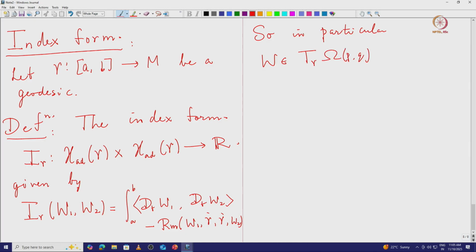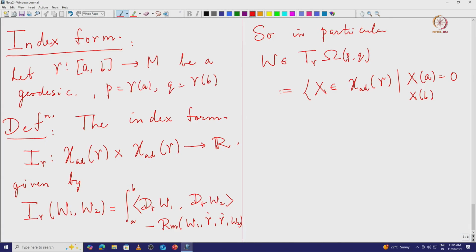What do I mean by the tangent space to omega pq at gamma? These are precisely the set of admissible vector fields along gamma which vanish at the two endpoints. So here p is equal to gamma of a and q is equal to gamma of b.